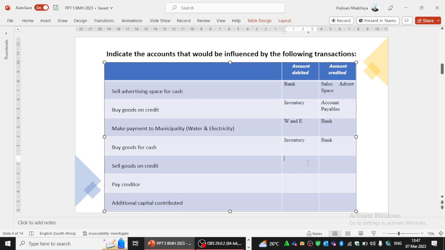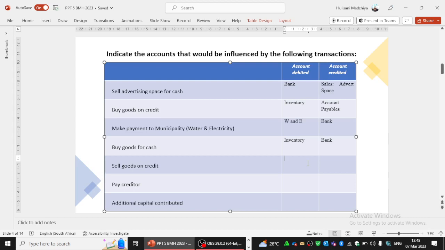Therefore, we need to classify it, and it's an asset account because you're still going to receive that money. So if it's an asset account and it's increasing, we're going to have our debtors or trade account receivable, not account payable, sorry, account receivable, which is our debtors account, going up.